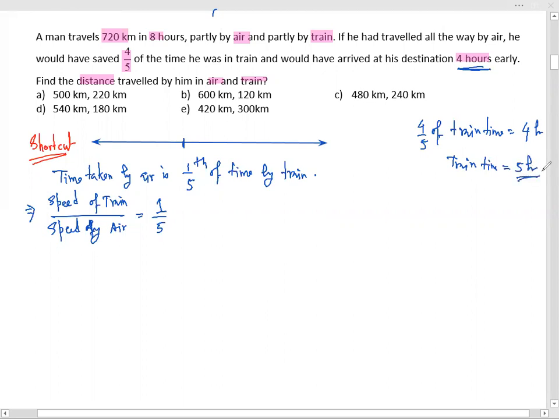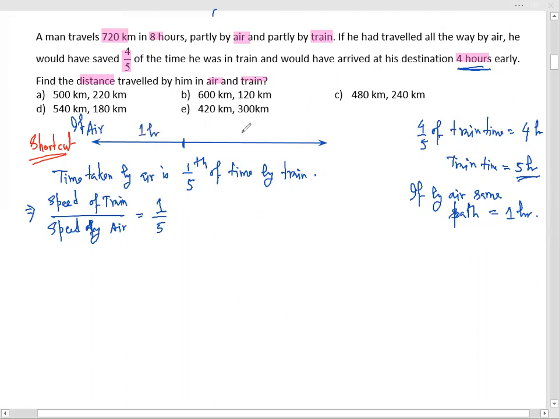So train travel time is 5 hours, and if it is moving by air, it would take 1 hour. If by air, the same path, that means the path traveled by train, then it would take how much? 1 hour. So the entire path, if it is by air, the first part would take 1 hour.